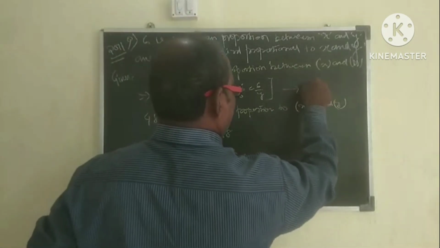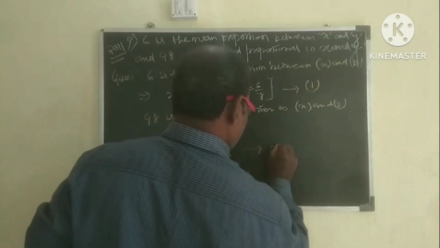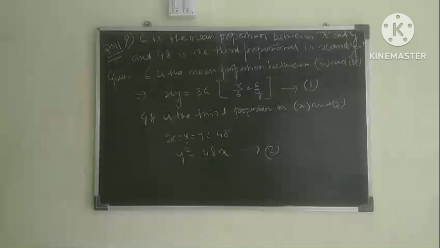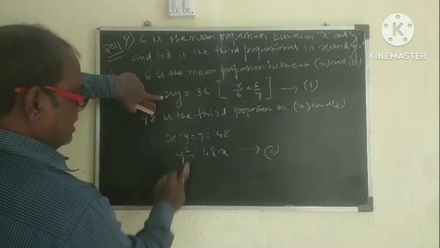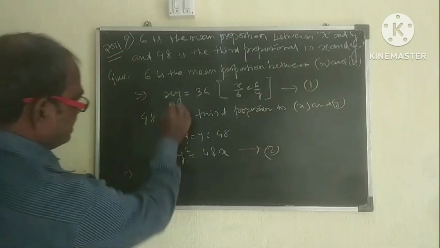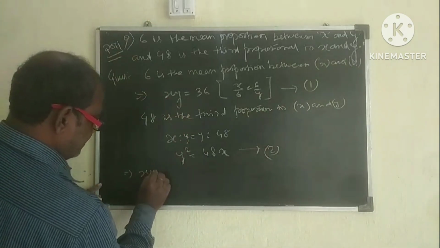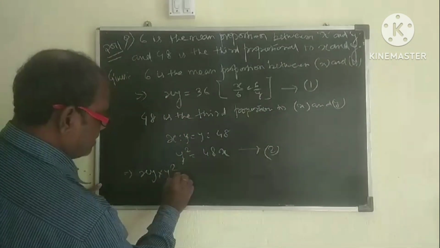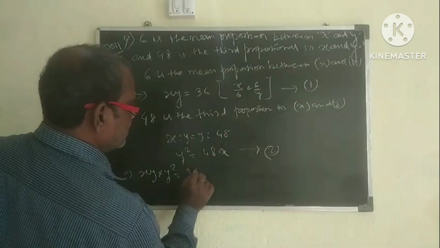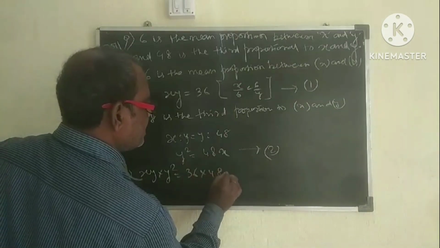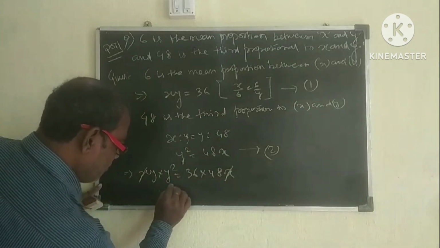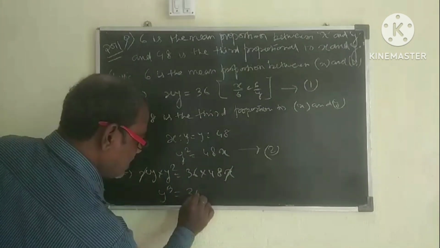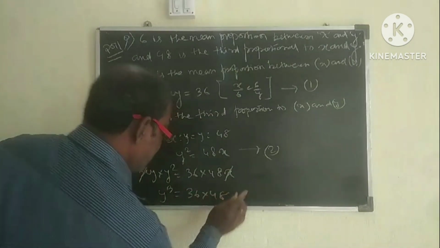Let us take this as 1 and this as 2. From 1 and 2, if you multiply equation 1 and equation 2, we get xy into y square is equal to 36 into 48x. This x gets cancelled off.